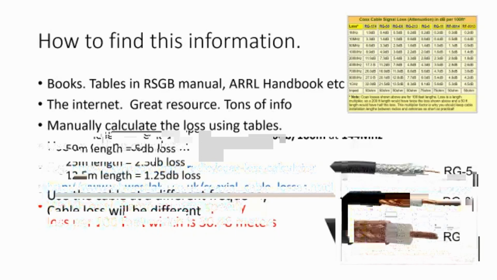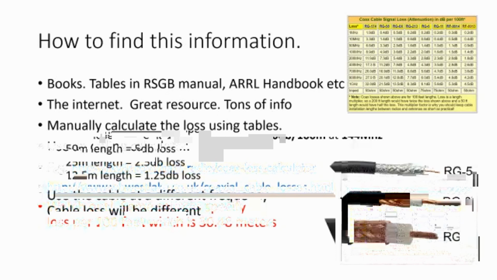So how to find this information? Well, back when I was licensed, we had the ARRL handbook and the RSGB manual, and there was another RSGB book which was very good, and it had tables, lots of tables, and you could look up all the different cable types, the frequency, and the loss.